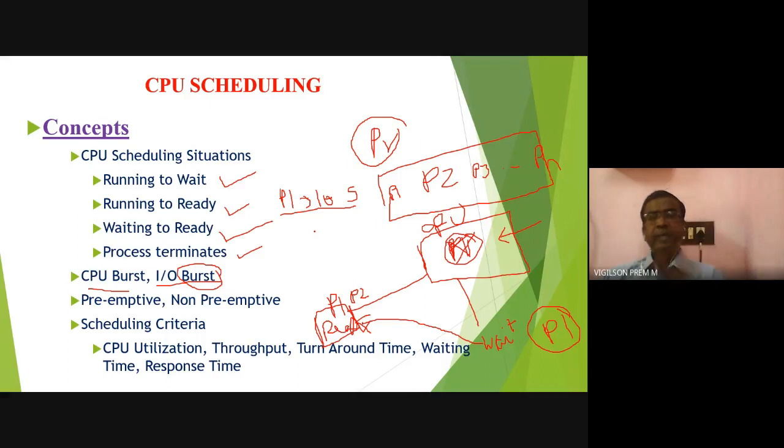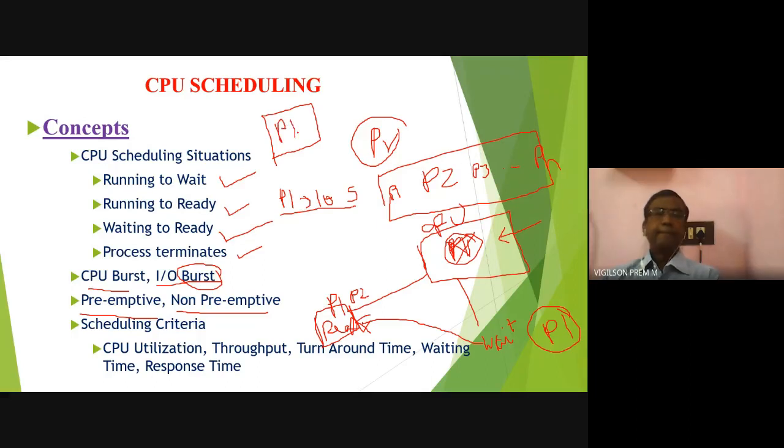Another two important terms you should know are preemptive and non-preemptive. I think you would have discussed this in architecture. Anyway, one more time. Suppose some process P1 is executing in the CPU.